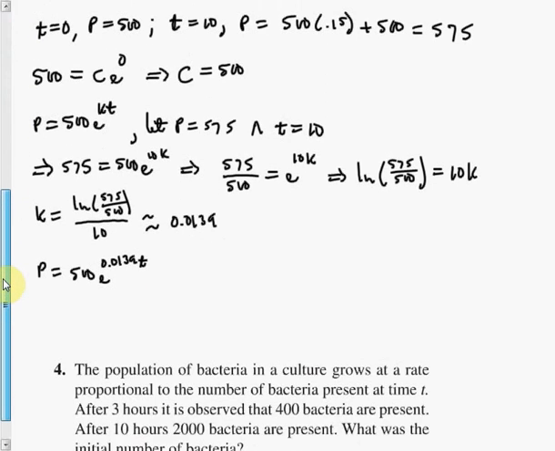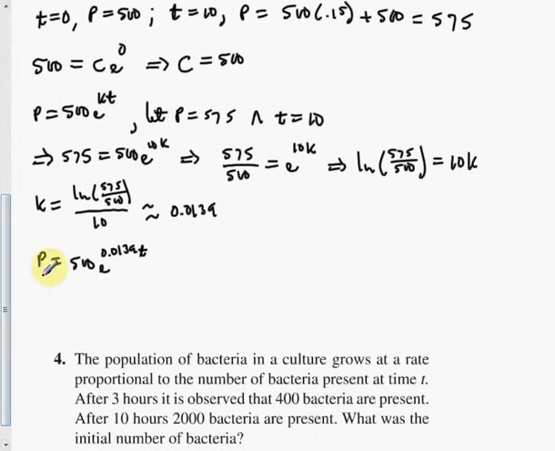So when t is equal to 30, we solve for P. At t equal to 30, this implies that P is equal to 500 times e to the 0.0139 times 30.